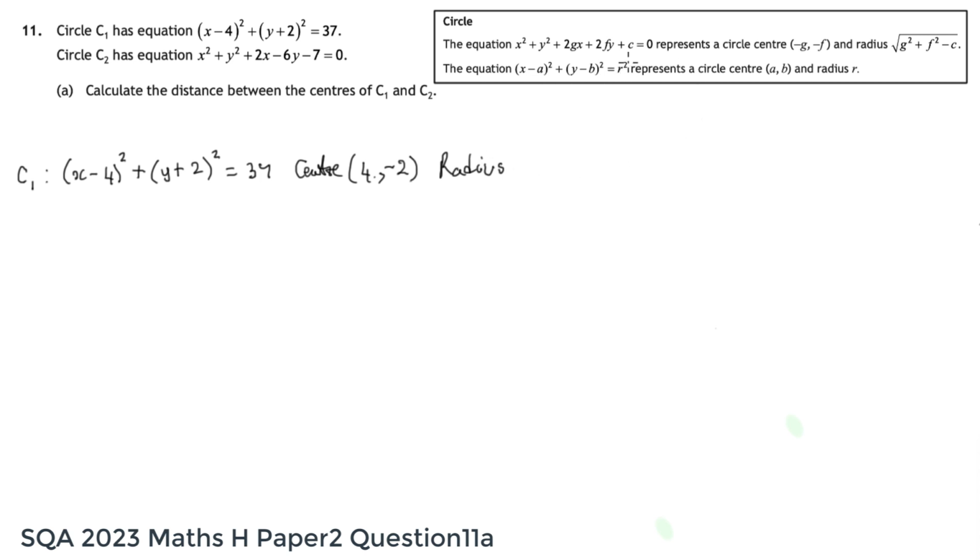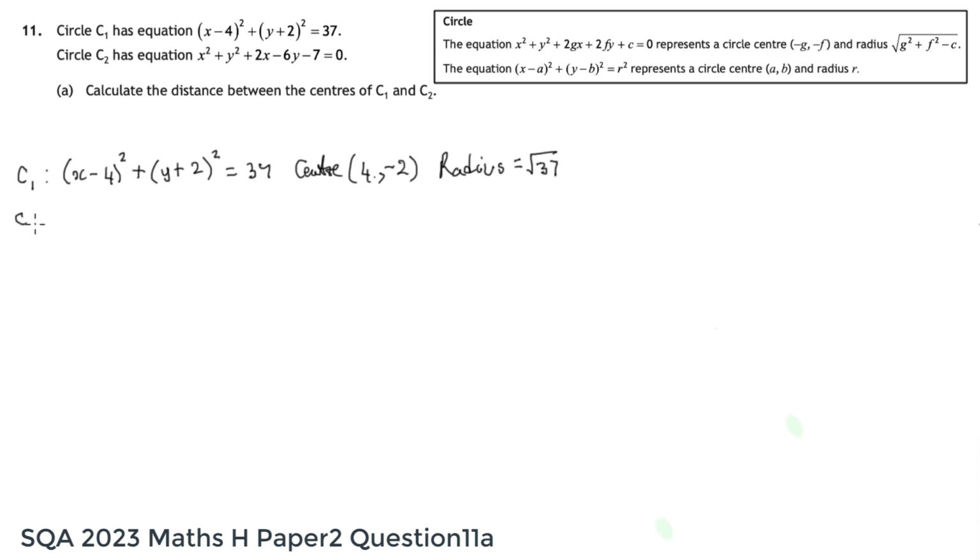And we're told in this form that this number here is the square of the radius. The radius is r, this number is r squared. In other words, 37 is the radius squared. To get rid of a square, we do the opposite, which is square rooting. So the radius is equal to square root of 37.